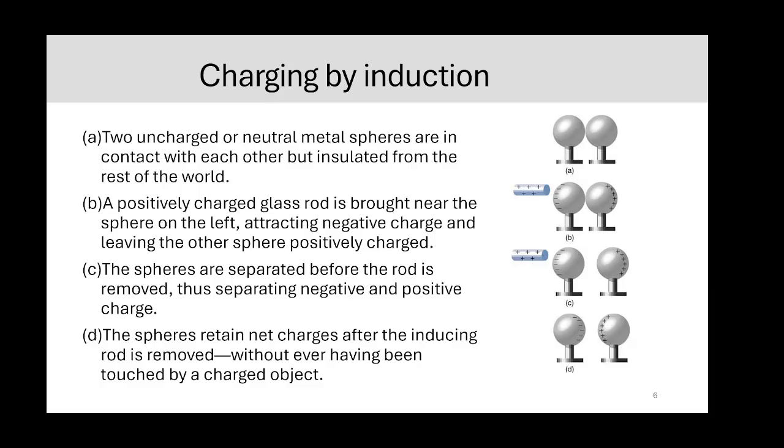We can see here in the first figure, we will start with two neutral objects. We have two neutral spheres here in contact with each other. They are contacting each other, but they are isolated from the ground. They are not grounded, and they have an equal number of positive and negative charges, meaning initially they are neutral.